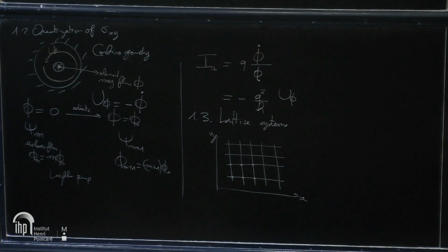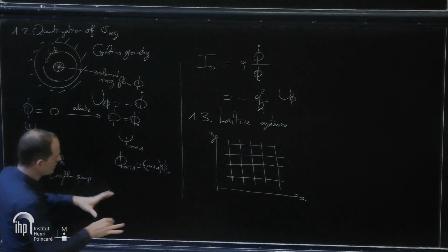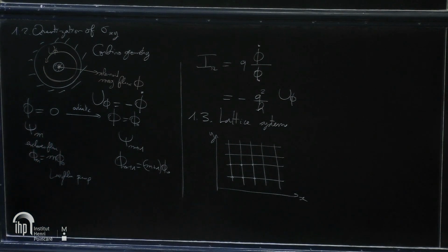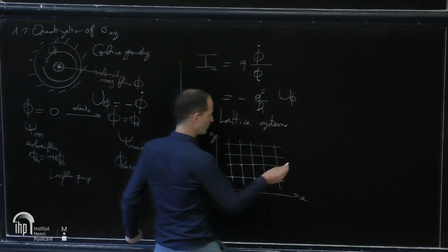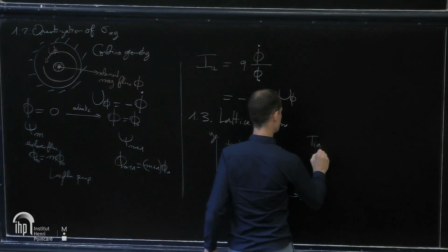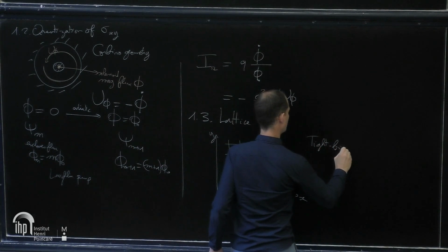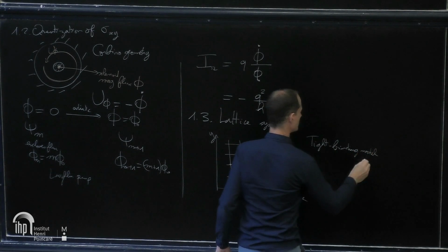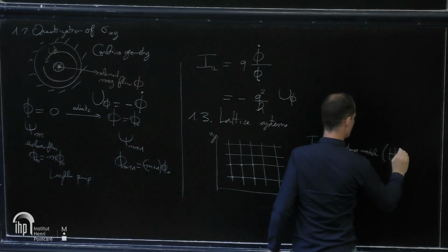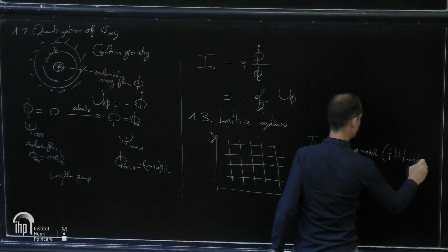And the underlying Landau level has a uniform magnetic field. So if we want to write a tight binding model, this is the so-called Harper-Hofstadter model.